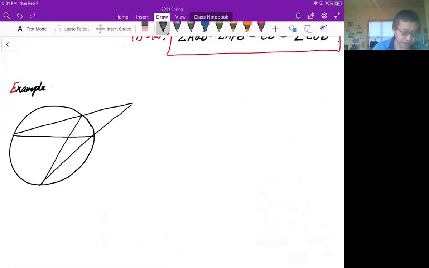You see the picture similar to the previous, A, B, C, D, and then P, and then we get a Q here. And assume that this angle is 20 degrees and this angle is 30 degrees, all right? And I'm going to find the angle of AQB. So what's the angle of AQB?